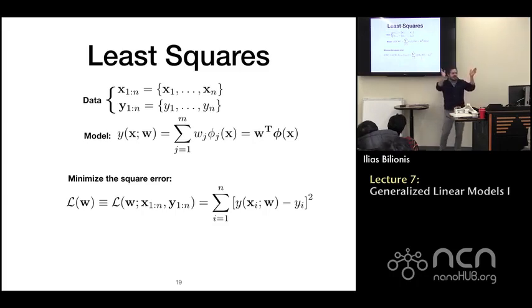Okay, so that's the error. You square that, and you sum all the errors up. Now you get the square loss or the square error. Okay. Now if you manage to bring the square error down, you will get the best fit to your model, or the fit that minimizes the square error.